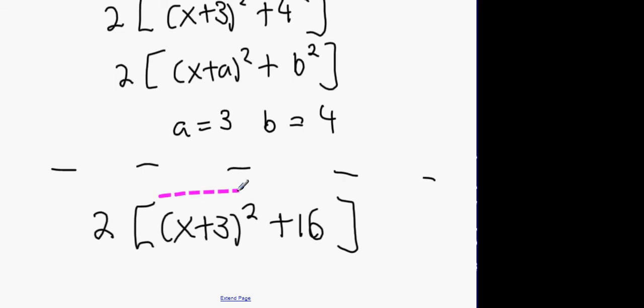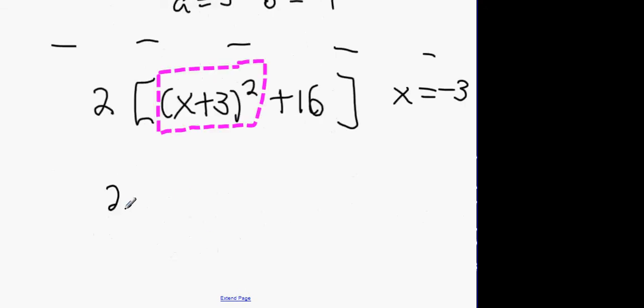To make the perfect square as small as possible, to give it a minimum value overall, we need to say x is minus 3. Once x is minus 3, we're left with 2 times 0 squared plus 16, which is 32. The minimum value is 32.